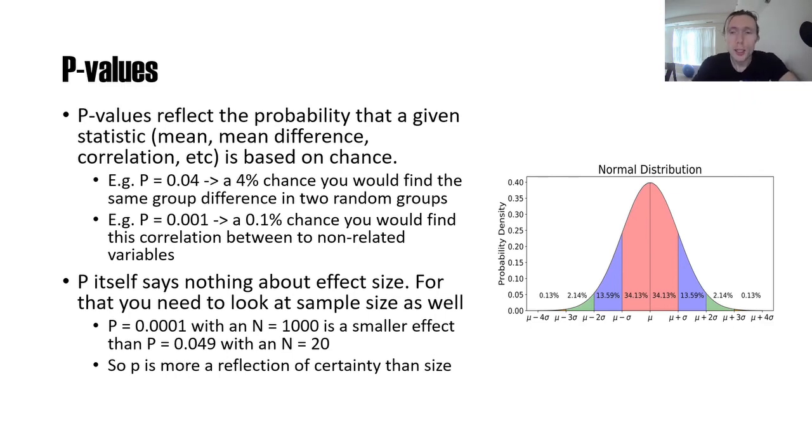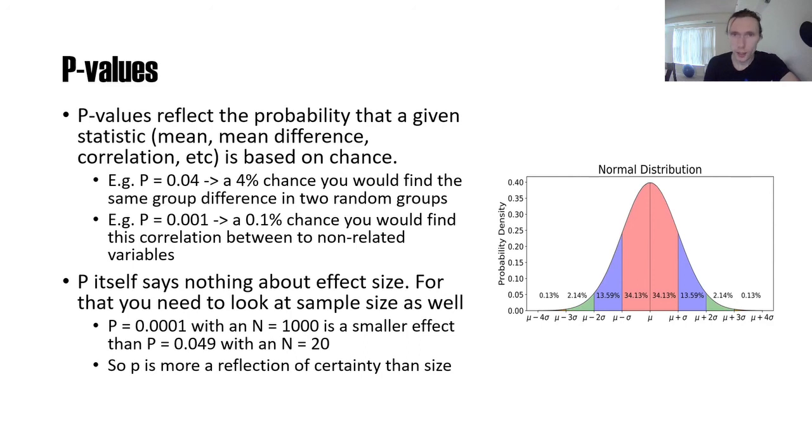So it could be, for example, when you test 100,000 people, you test 100,000 coffee drinkers versus 100,000 tea drinkers, you might find a significant difference in IQ score.